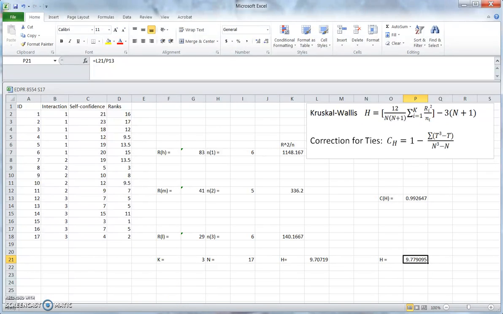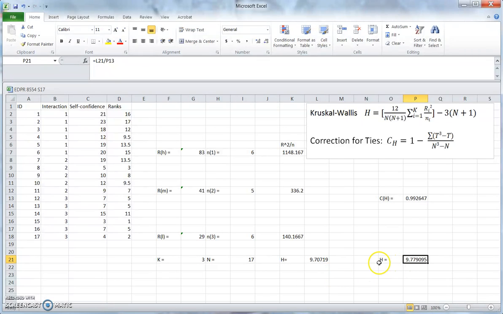9.78. If you use these three group sizes like 6, 5, 6 and alpha equals 0.05 to look up the H critical in table B.6, you will find the critical value 5.76 on page 249. So compare your obtained value 9.78 with the critical value.